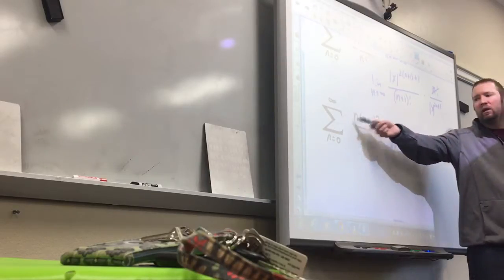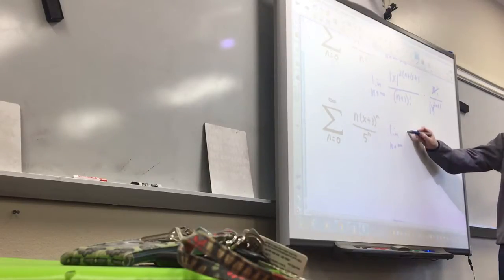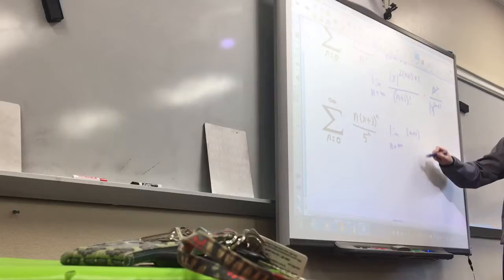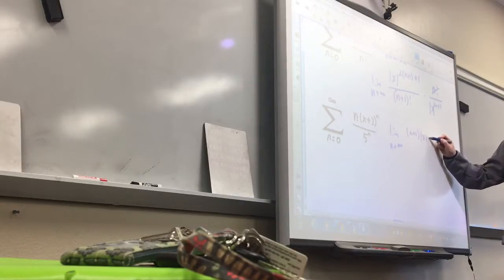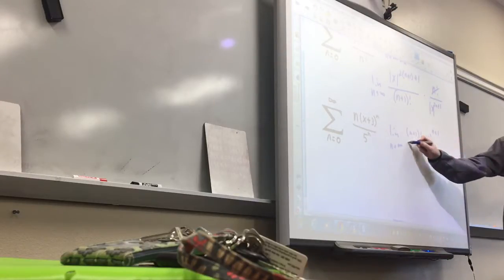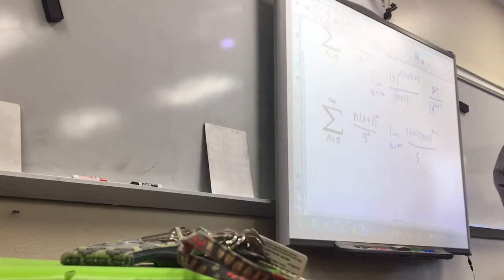So n is going to become n plus 1. Absolute value of x plus 3 to the n plus 1 over 5 to the n plus 1, times the reciprocal, so 5 to the n over n, absolute value of x plus 3 to the n.